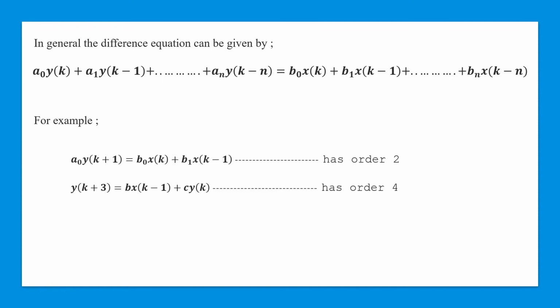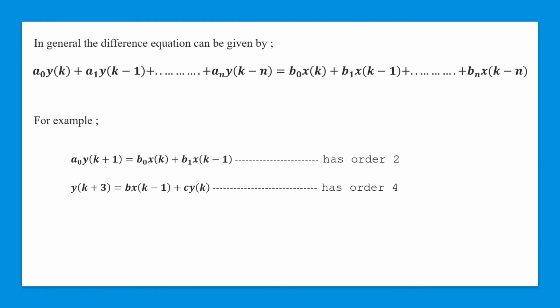The order of a difference equation is the difference between the largest and the smallest arguments of k appearing in the equation. For example, a0 y(k plus 1) is equal to b0 x(k) plus b1 x(k minus 1).